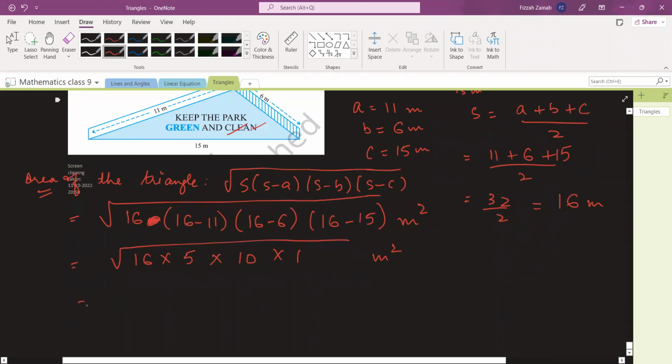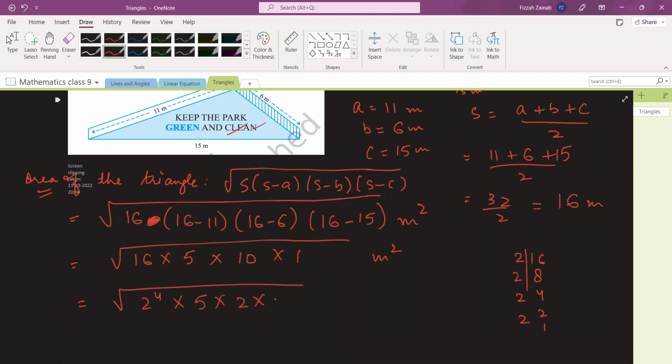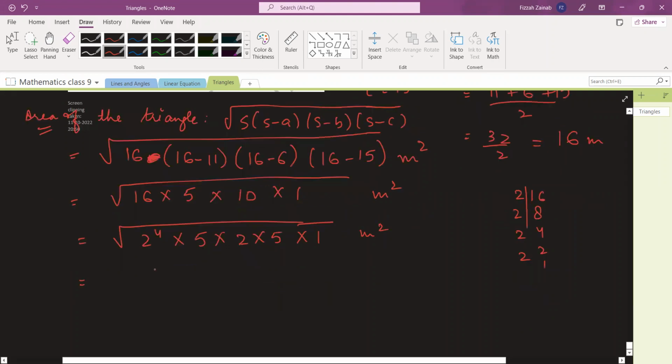Okay, so you can break these terms. 16 can be factorized as 2 into 8, 2 into 4, 2 into 2, so we can write it as 2 to the power 4, into 5, and 10 can be written as 2 into 5, and into 1, meter square. So you have 2 to the power 4, that means 2 to the power 2 will come out.